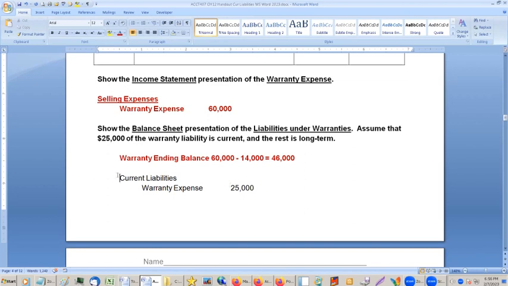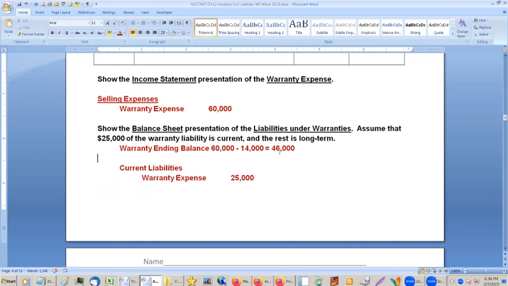And where is the rest of it gonna go? Probably in long-term or sometimes called non-current liabilities. Again, these are sometimes called non-current. Same thing.